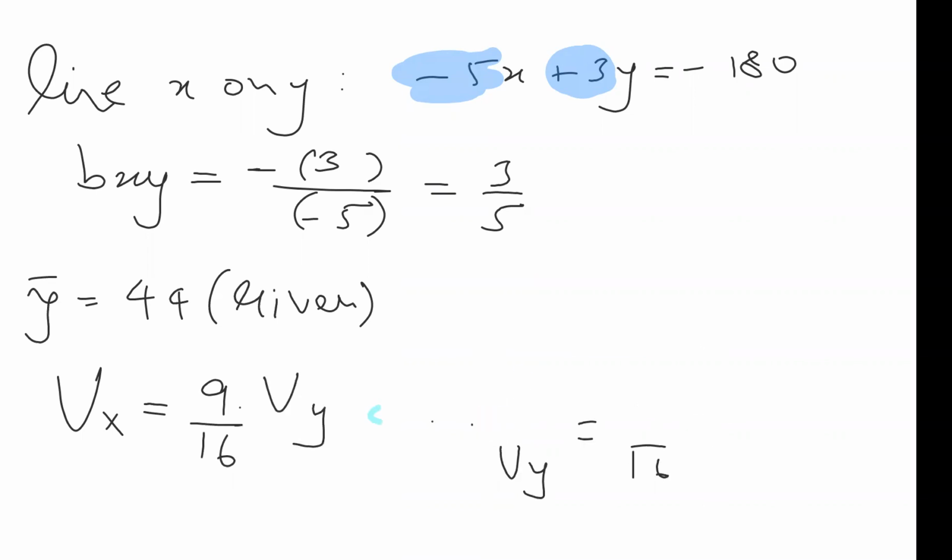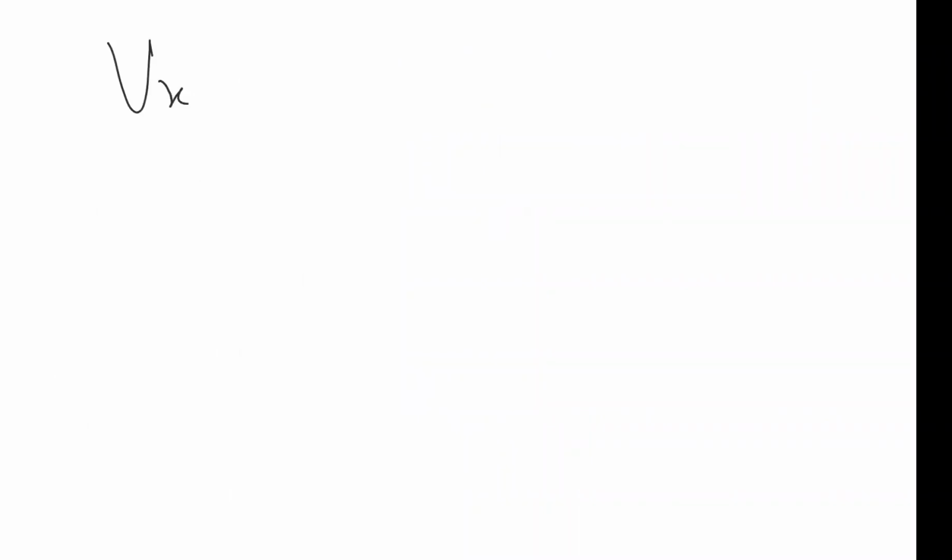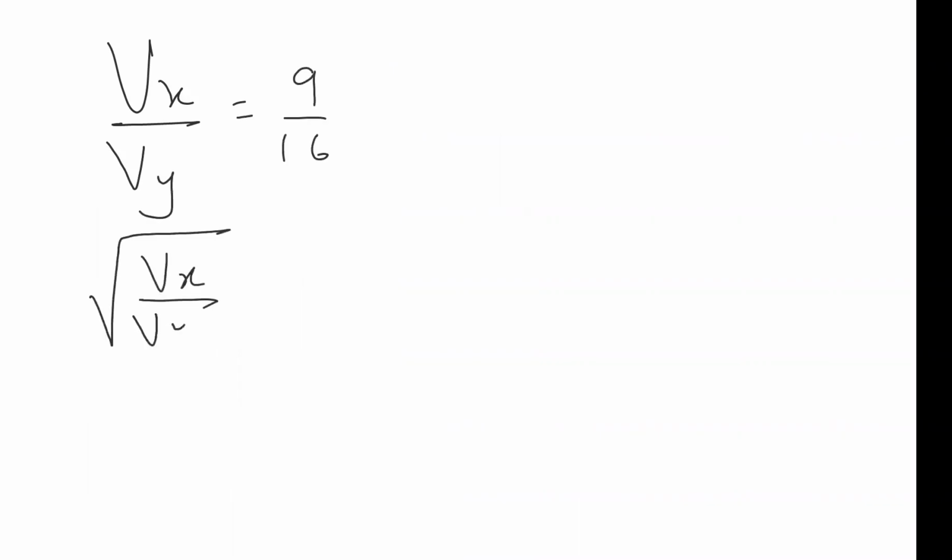I'll just write it on the next page. We'll try to do something with this information. So Vx upon Vy is equal to 9 by 16. Taking square roots on both the sides, root of Vx upon root of Vy is equal to root of 9 upon root of 16.